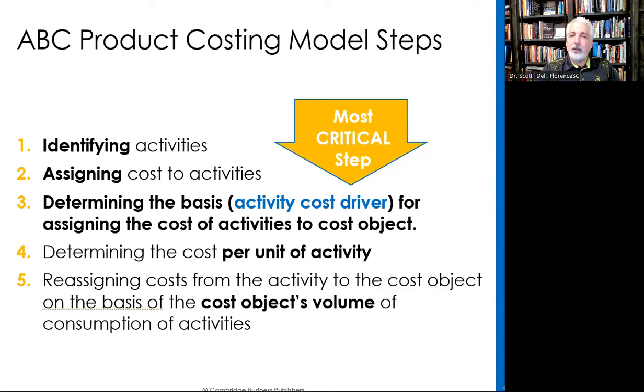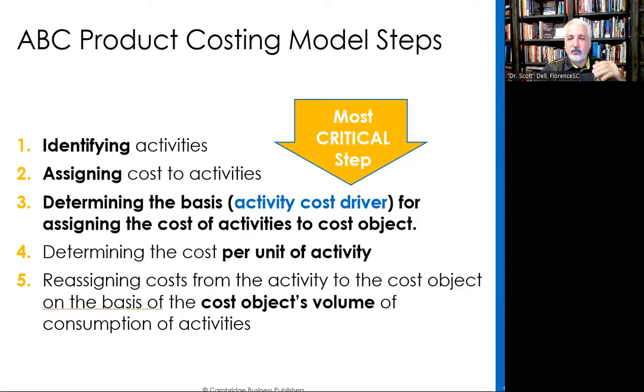So what are the steps? First, we identify the activities, which is most critical. We have to see which activities are involved in the things we want to include in these overhead assignments. Then we assign the cost to those activities and break it down. Each activity is going to have a grouping, a set of costs. Then we determine the cost driver. Is it hours? Is it units? Is it some other measure that we can determine? Maybe inspections, the number of inspections in quality control.